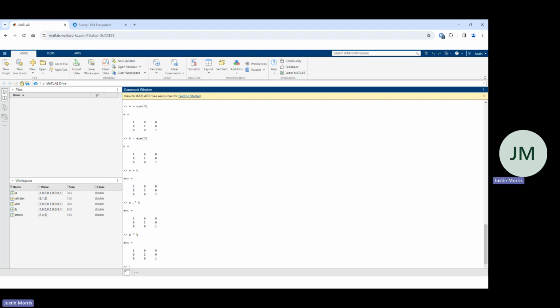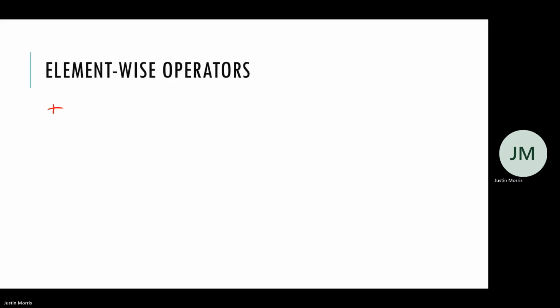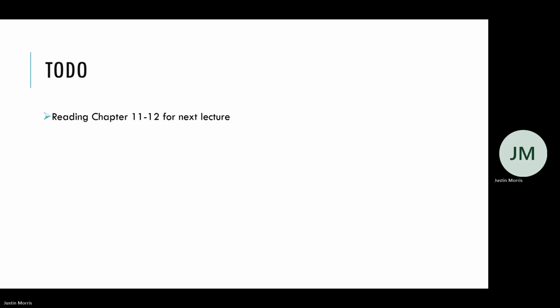For 2D arrays, the normal multiply operator is matrix multiplication. The dot multiply operator is element-wise multiplication. We have plus, we have minus, we have dot star, we have dot divide. Okay, so that is coverage for 2D arrays.